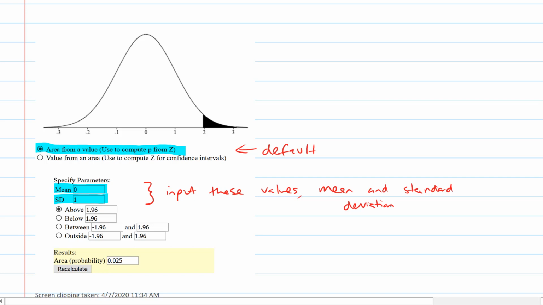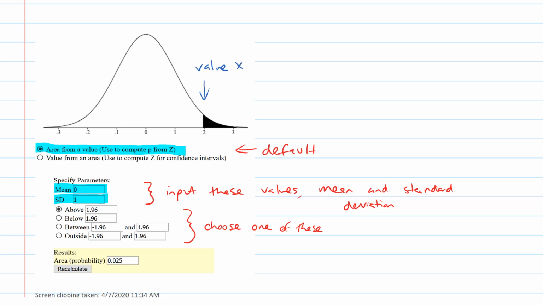And then you have a bunch of choices for the relationship between your value x and what areas you want. You're going to choose one of these. And so for example here, it's showing what happens if your x value, which up in the diagram here is your value x, and then it shows you the area of the shaded region above x.